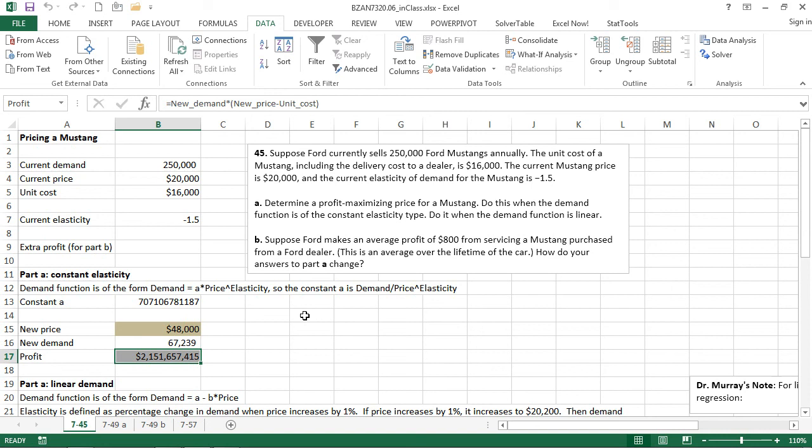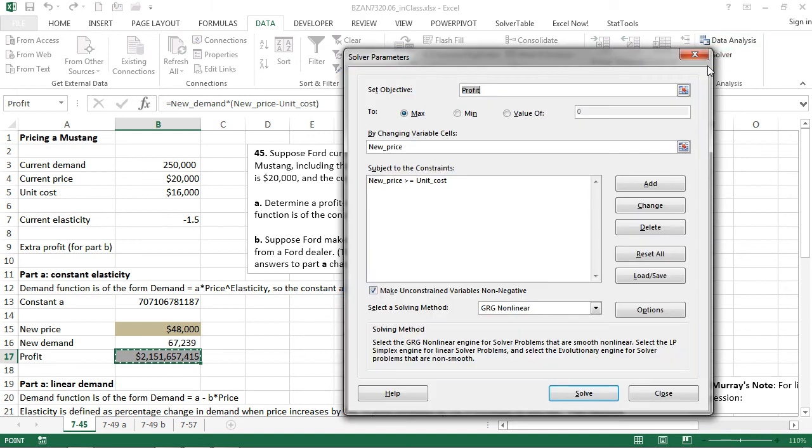Other questions? Yes. Well, but you're constraining the decision variable. Look at this problem again.